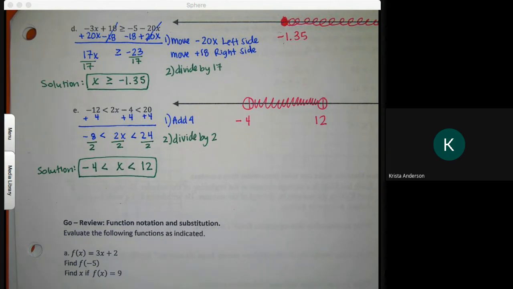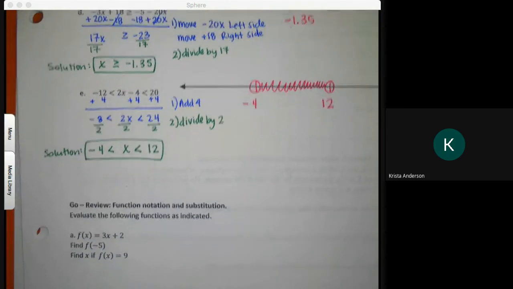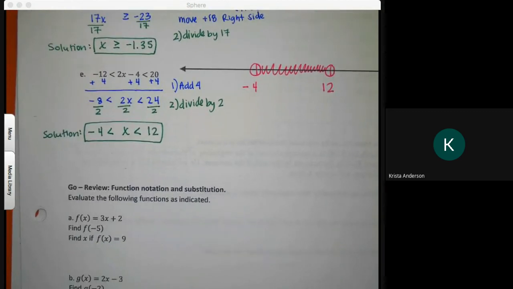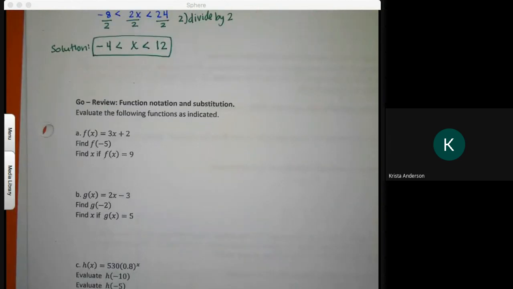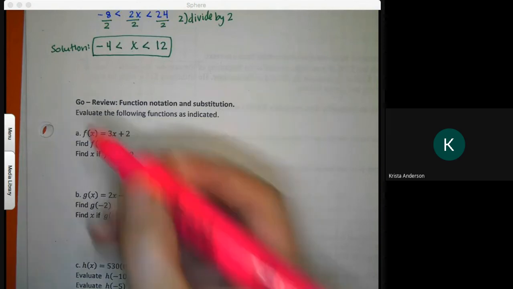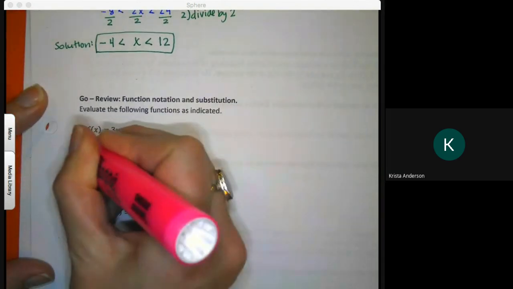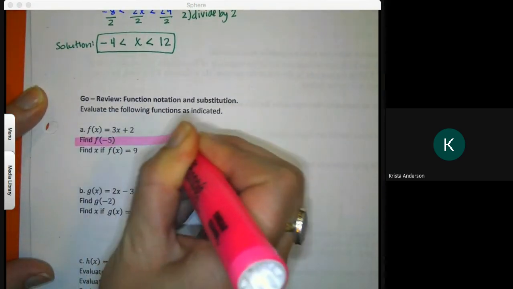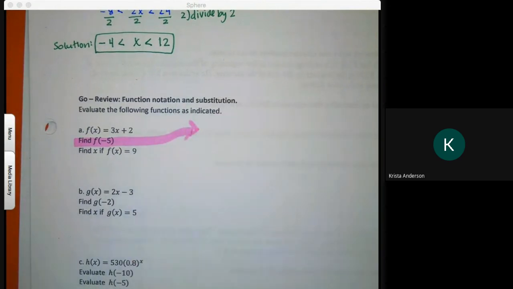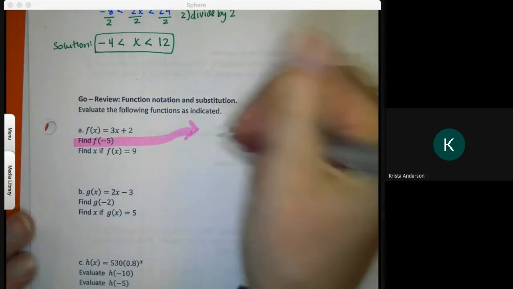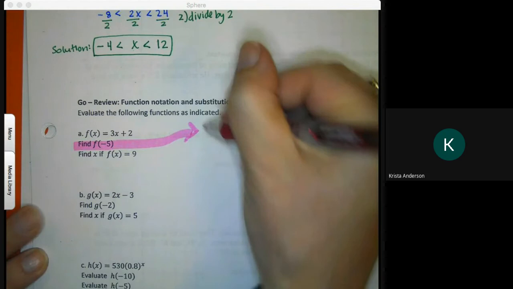Our last section is review, function notation, and substitution. For our first one, it says find f of -5. I want you to notice that it is in the parentheses.